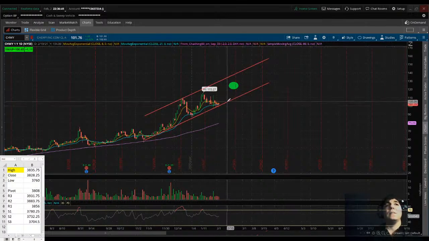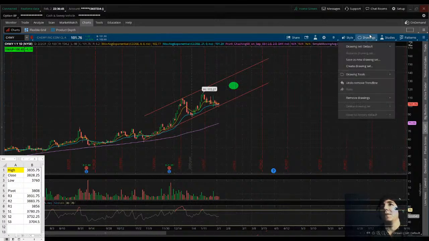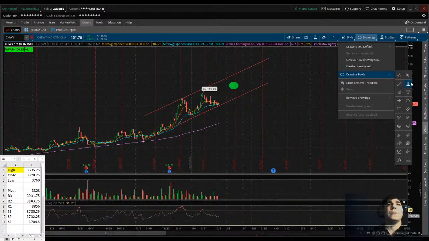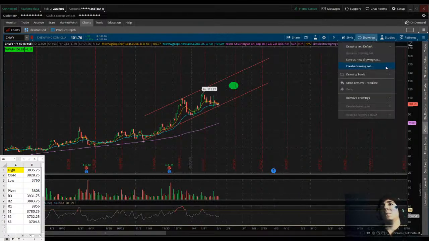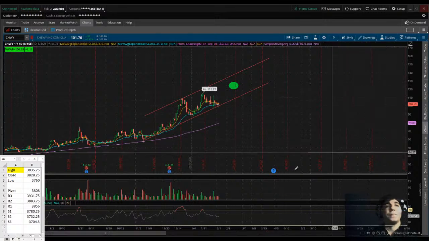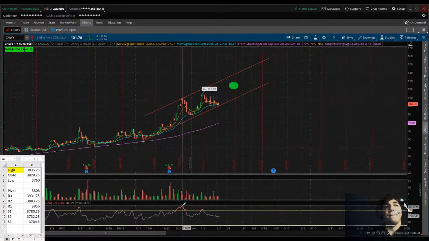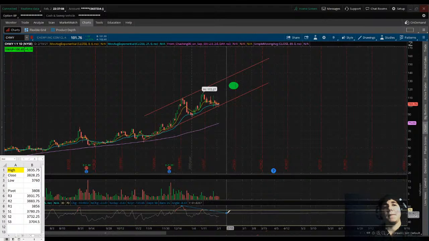I mean, as long as it holds this channel, we're doing really good on this. I know it's been consolidating and going sideways for a minute, but I really think that it has every ability to go up at this point. Now, I do want to note this.